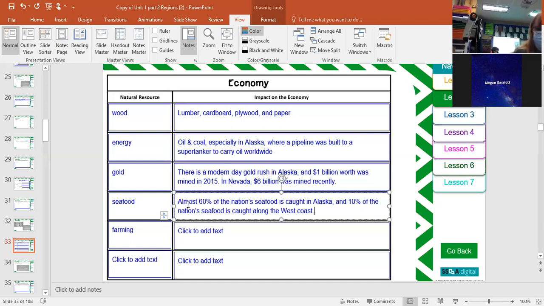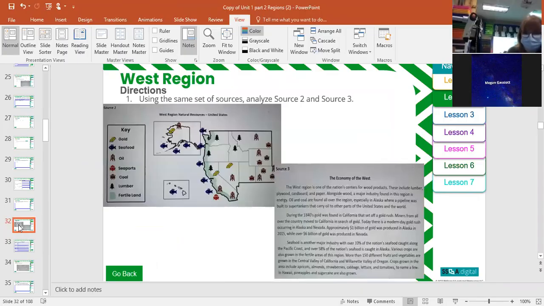Okay, last one, farming. Everybody had this about seafood. Okay, farming. Various crops are also grown in the fertile areas of the region.